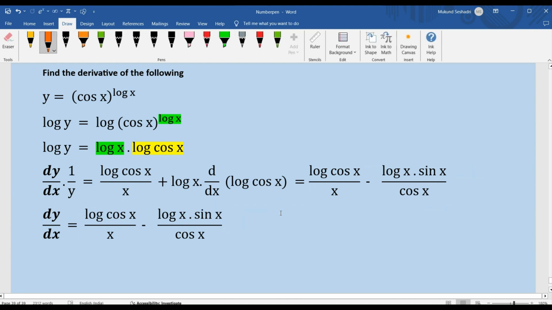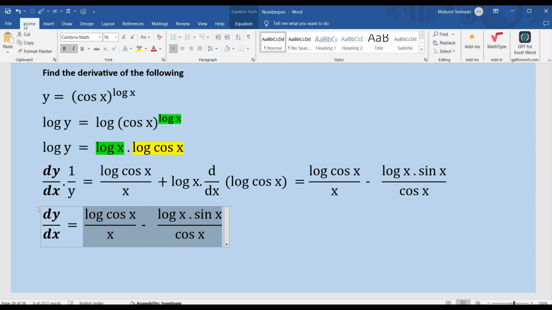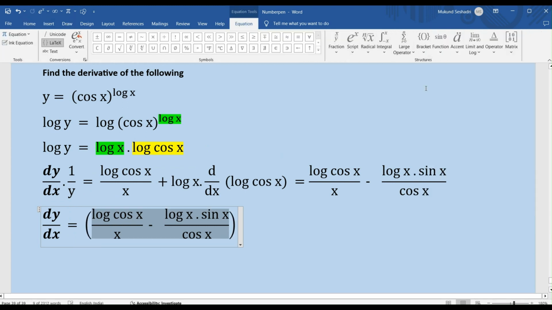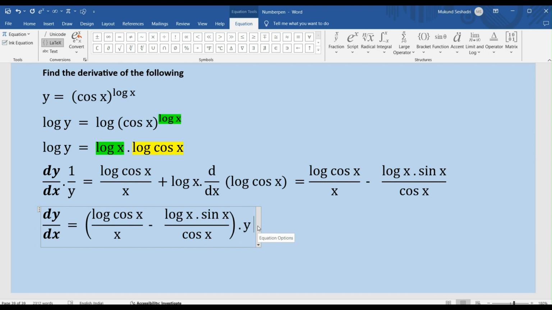Allow me to delete this out, folks. And let me bracket it to avoid confusion. So this is what I have, and this times y, right? This is what I get. And now, remember, folks, this is not an implicit function. We've recently discussed what an implicit function is, and I mentioned that it is okay to leave the answer in terms of y.